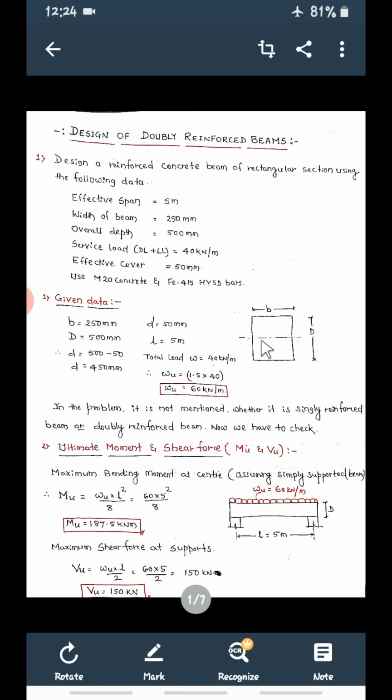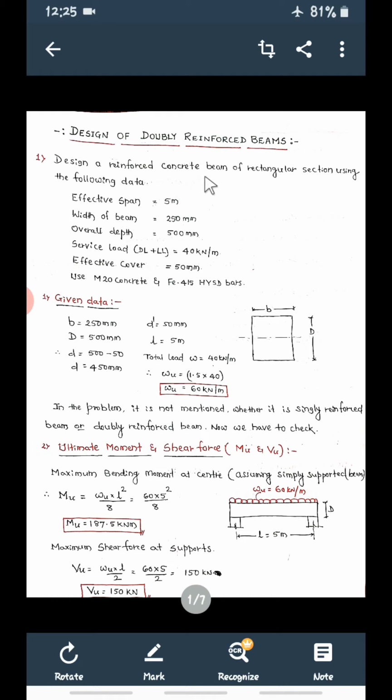The bottom reinforcement is called tension reinforcement, and the top is also main reinforcement and is called compression reinforcement. So in general, a beam with reinforcement on both the tension side and the top compression side is known as a doubly reinforced beam.